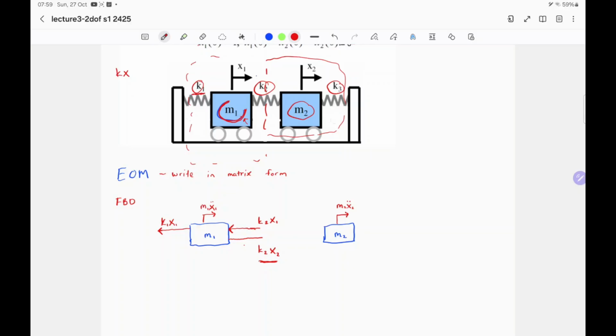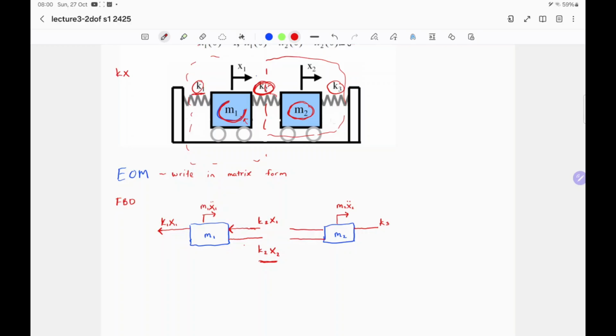Next, we know that mass 2 is connected to K2, so it's the same as mass 1. We have K2 x1 and K2 x2, and we also have K3 on the right hand side. So this is K3.